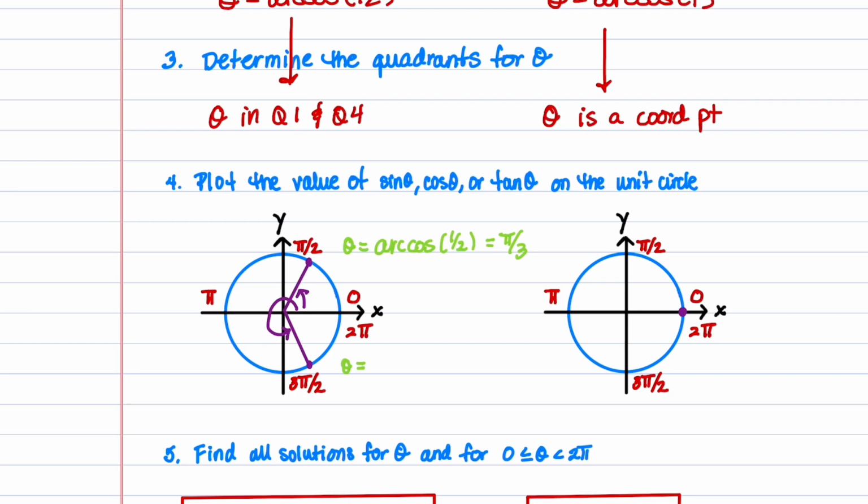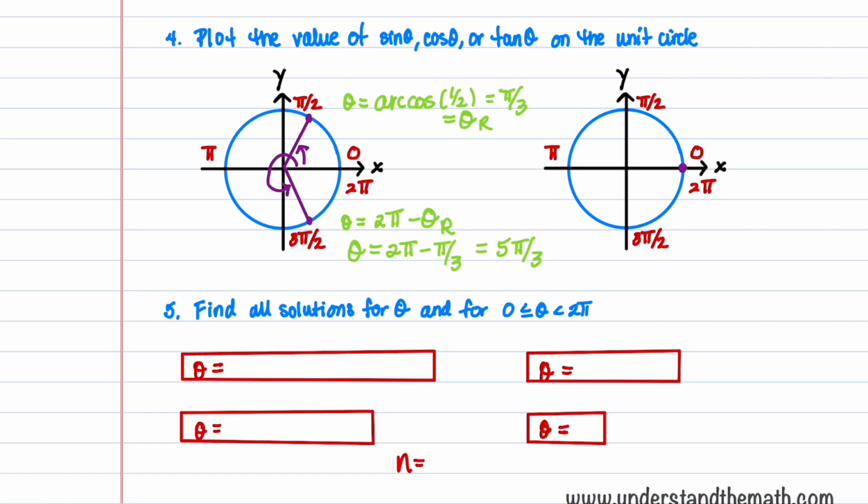And in the fourth quadrant, theta is going to be 2 pi minus our reference angle, and let's just note that this was our reference angle back in quadrant 1. So our theta is going to be 2 pi minus pi over 3, and that gives us a value of 5 pi over 3.